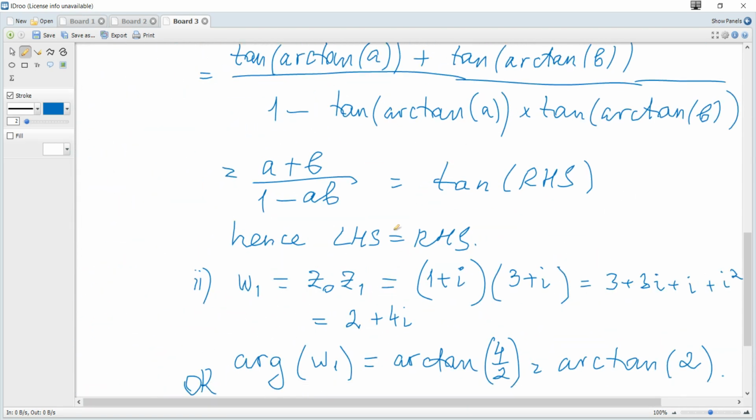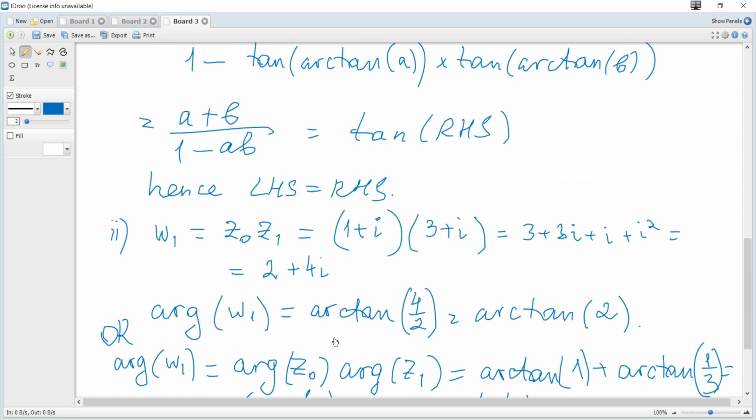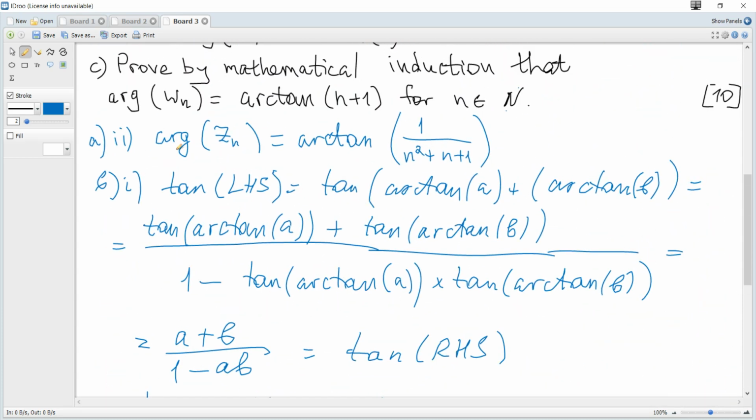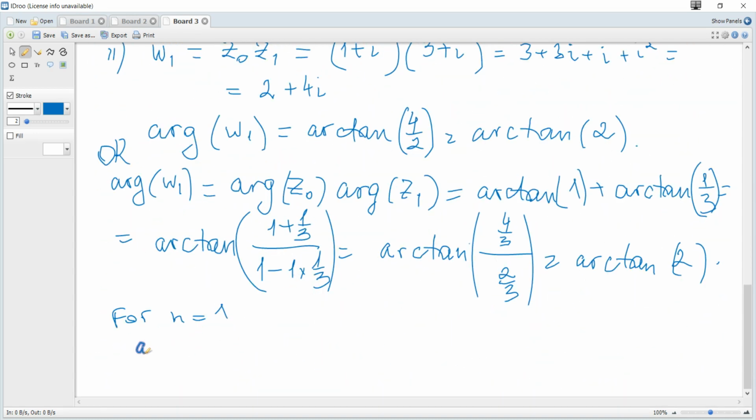We consider the smallest value of n, which is 0. The argument of w_0 is just the argument of z_0. It's pi over 4, 45 degrees, or arctangent of 1.